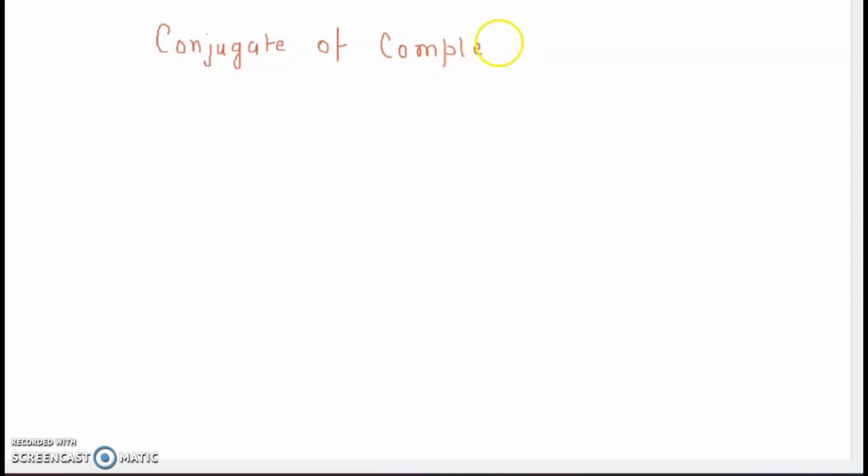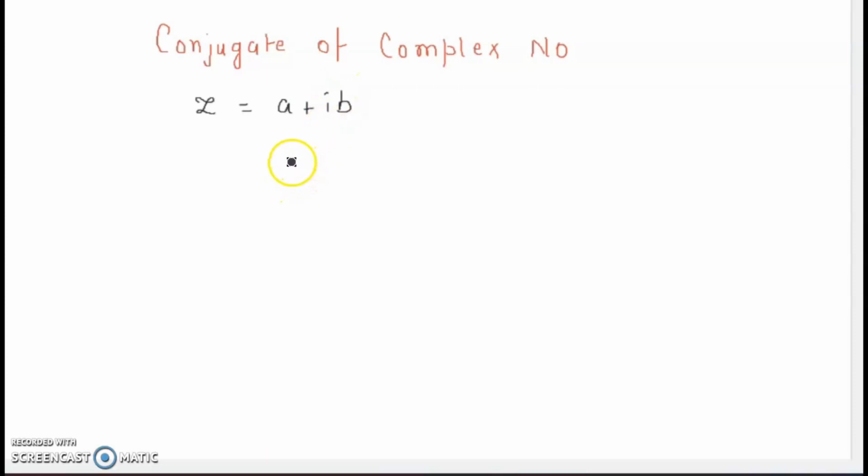So this is the next topic. What is the meaning of conjugate? I'll explain. First we know how we denote a complex number. We denote a complex number by z, and we can write this as a plus ib. That's how we write the standard form of a complex number.